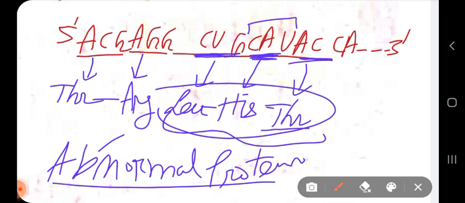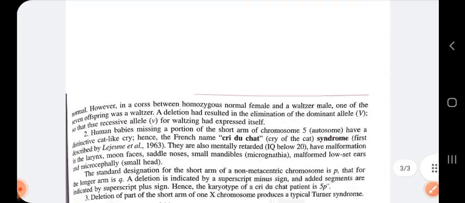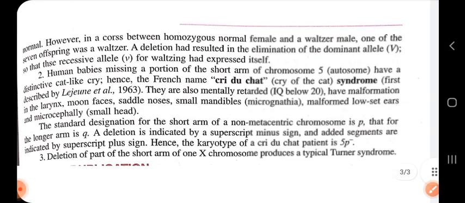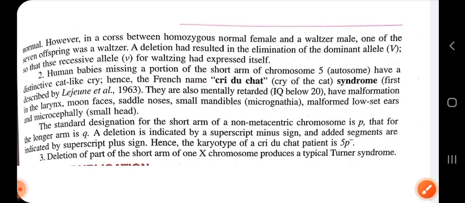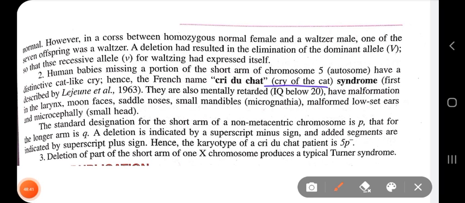There are more examples of deletion. For example, deletion in the short arm of chromosome number 5 leads to a serious syndrome called Cri-du-chat syndrome. Let us see that example. Cri-du-chat is a French name that simply means cry of a cat.